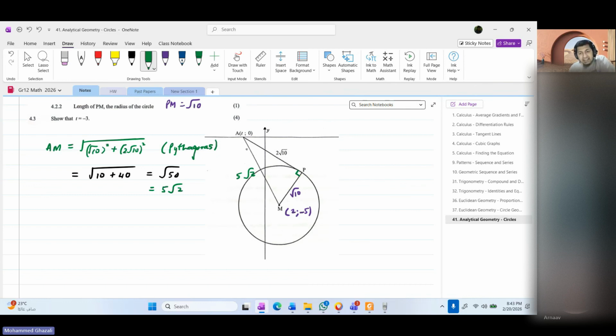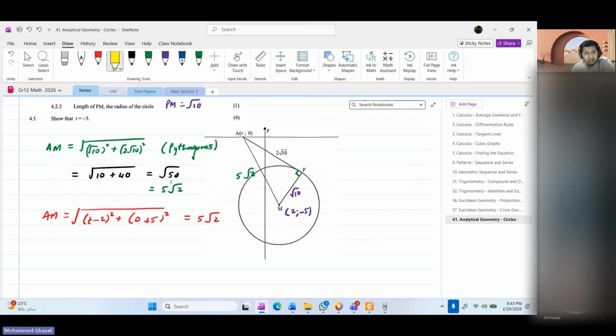Now, what is AM? Think about AM and writing it in a different form using the distance formula with (t, 0) and (2, negative 5). So AM is equal to the square root of (t minus 2) all squared plus (0 minus negative 5), so 0 plus 5, all squared, which is equal to 5 root 2.